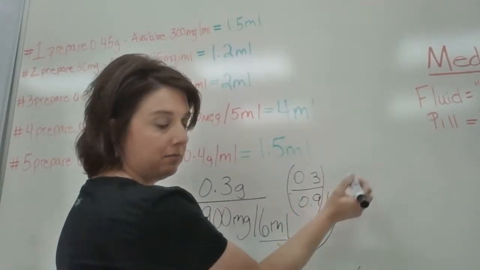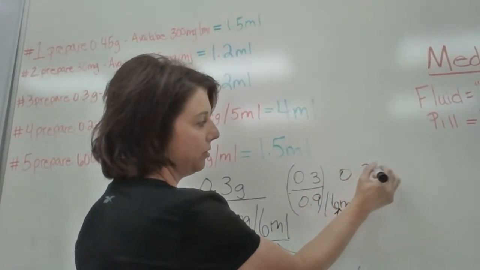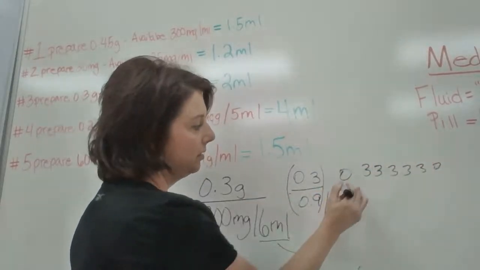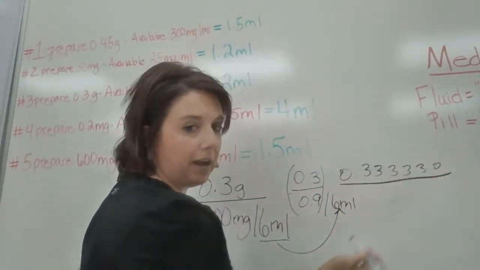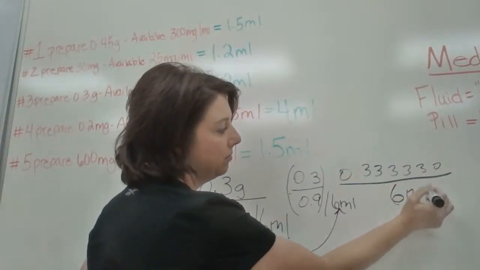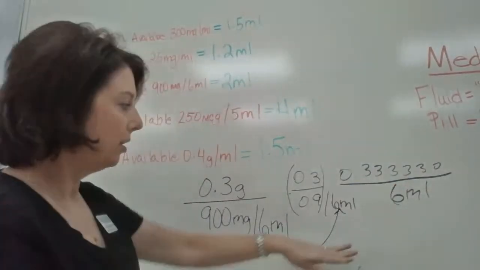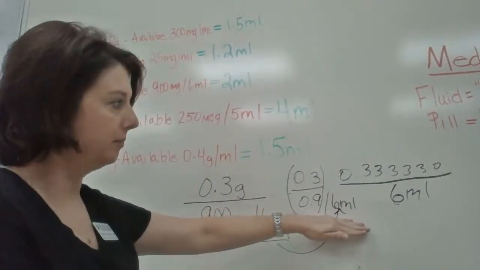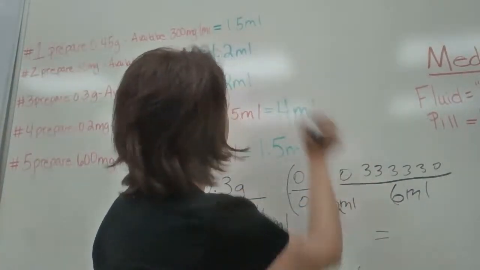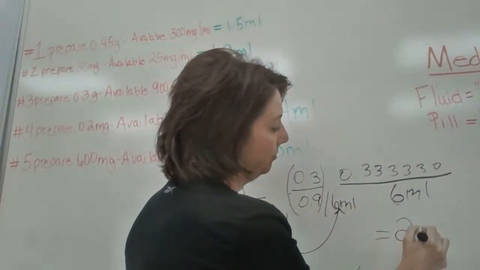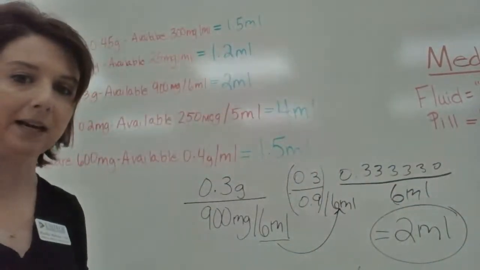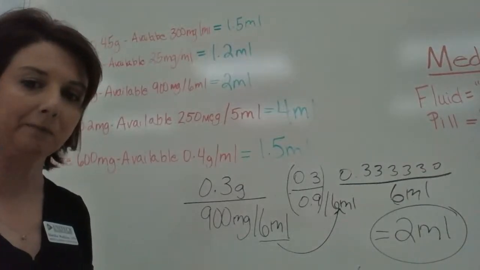When you divide, you're going to get 0.333333. Then you divide that by 6 mil. Remember, we had that extra step because we have 6 mil here. Once you divide that, your answer is going to be 2 mil. And that's how much medication you're going to give to your patient.